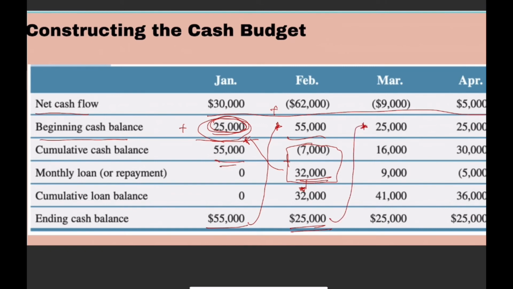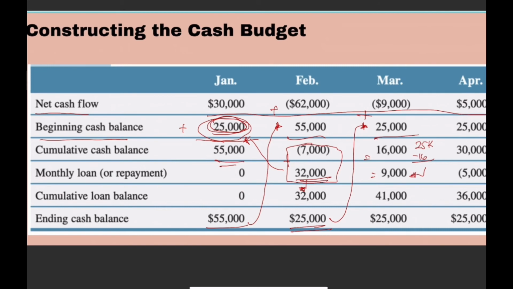Then that 25,000 becomes the beginning cash balance, and so same process, we need to offset from the net cash flow, and then we have the difference of 16,000. Still not enough. We still need 9,000 more to reach 25,000. Hence, we need to apply for a monthly loan again, and our cumulative loan balance now becomes 41,000.